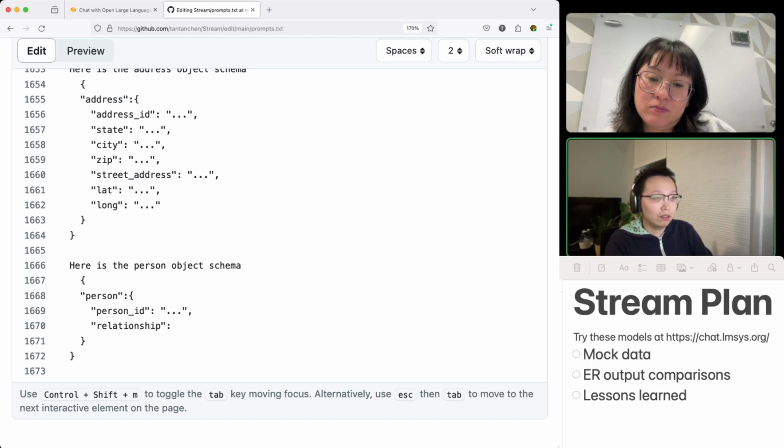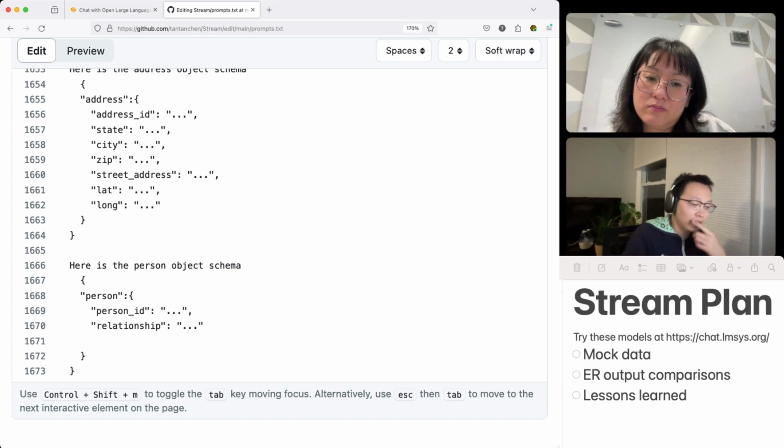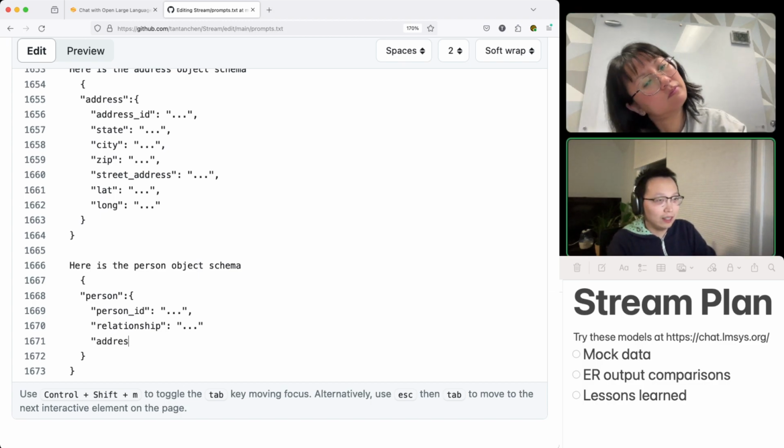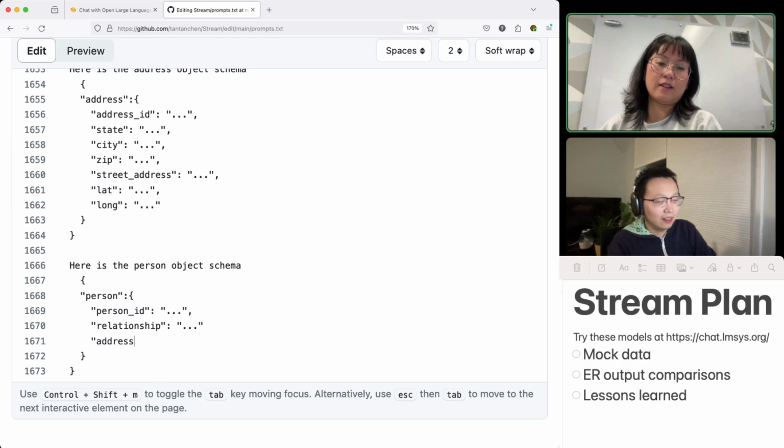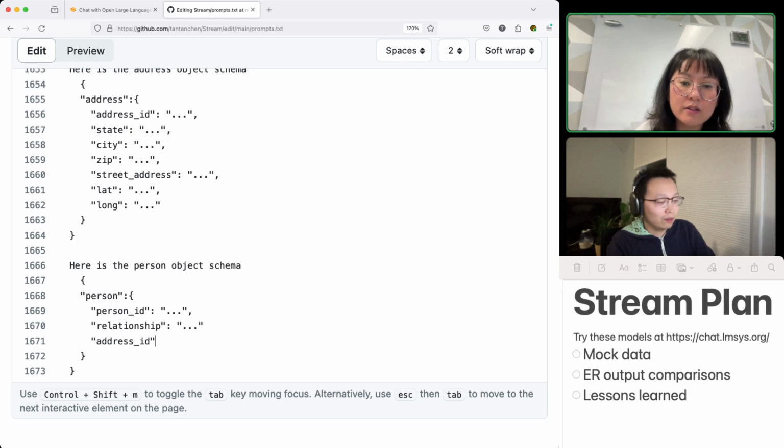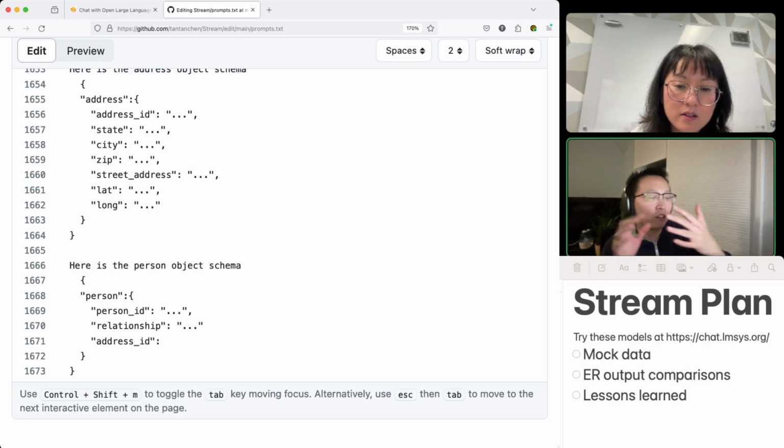We can actually ask it what the relationship is. And then do we ask it for an address ID? So the person, yeah, this relative can either live at the same address or not, right?